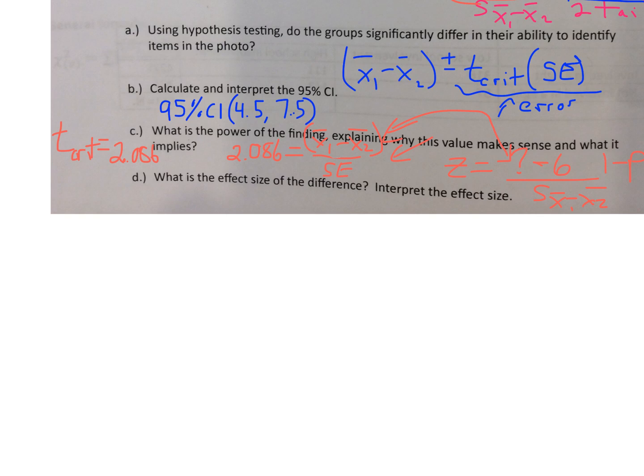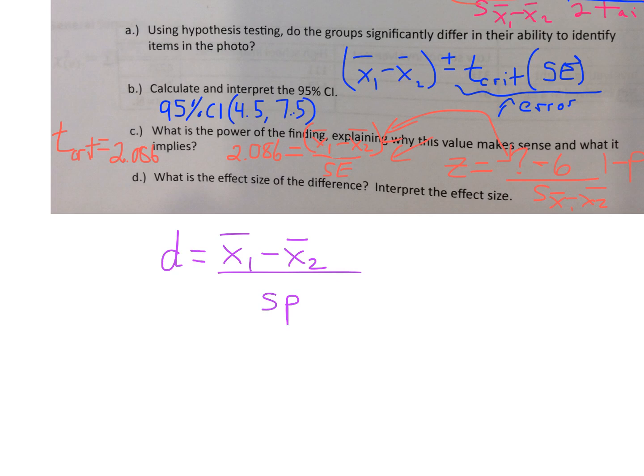For Cohen's d, for the effect size of the difference, it's just a z-score, and we call it a d value, but we're just going to take the difference between the means and divide that by the pooled standard deviation that we calculated earlier.